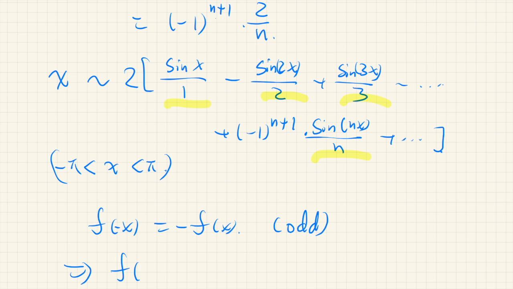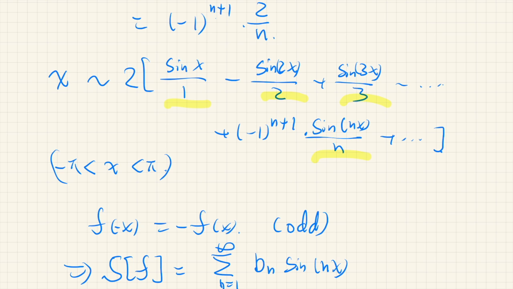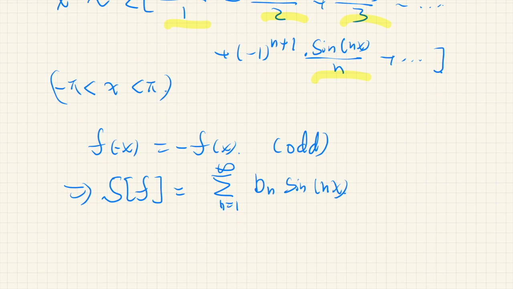Then its Fourier series is given by a linear combination of sine functions. So this is called the Fourier sine series in particular.